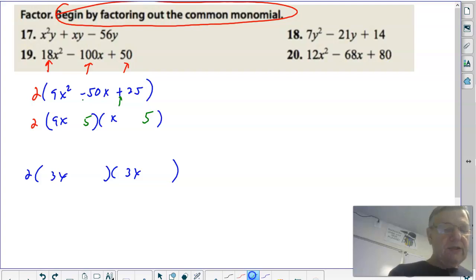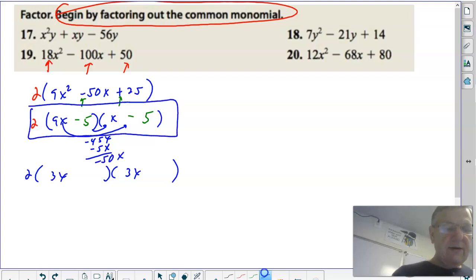Whenever this is positive and the middle is negative, it's got to be a negative times a negative. Let's check it out. Negative 45x and a negative 5x is surely a negative 50x. Bingo, there's my answer right there. All right, 2 times the quantity 9x minus 5 times the quantity x minus 5.